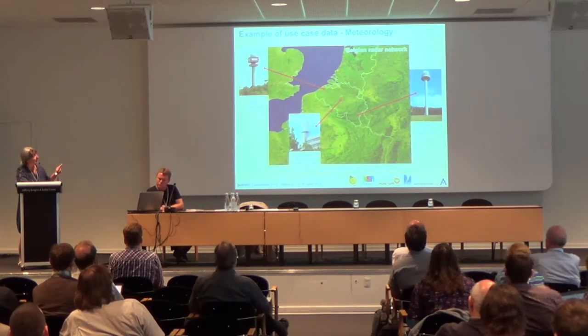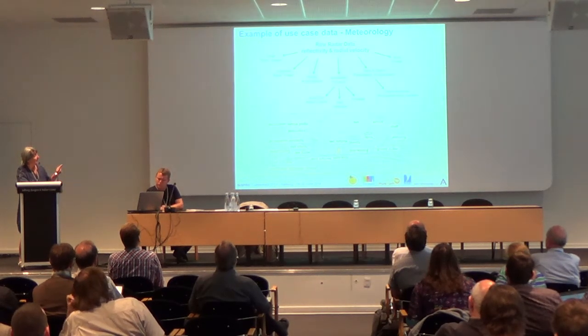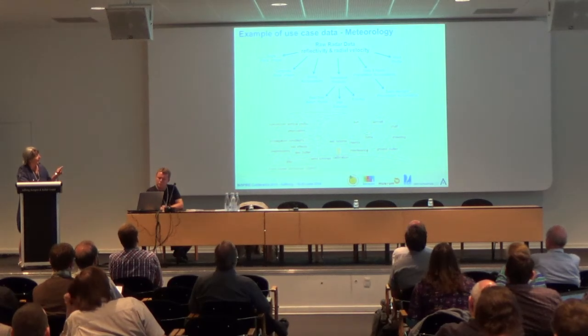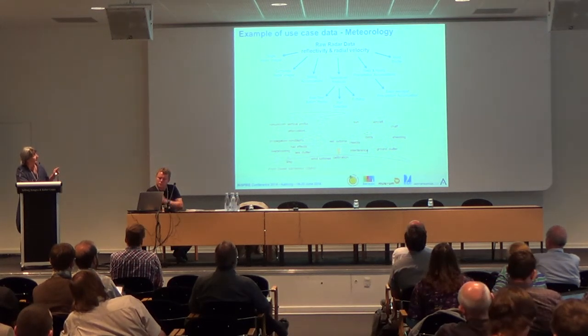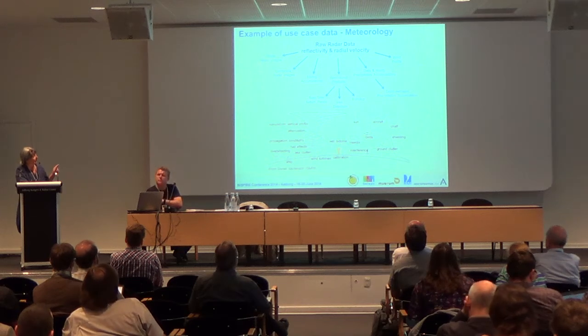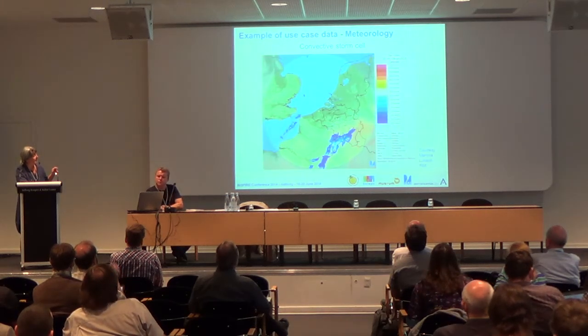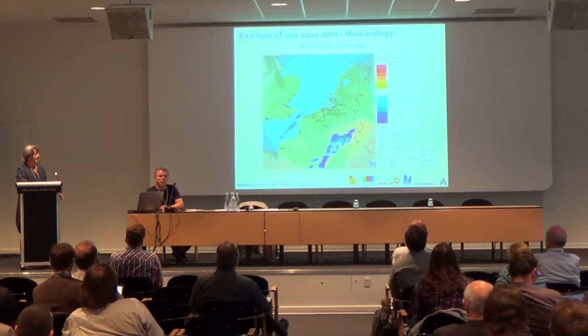Now my colleagues from the Belgian Met Office will provide precipitation data measured with radar, derived from reflectivity and radial velocity. And this is an example showing a storm coming to Belgium from the south.